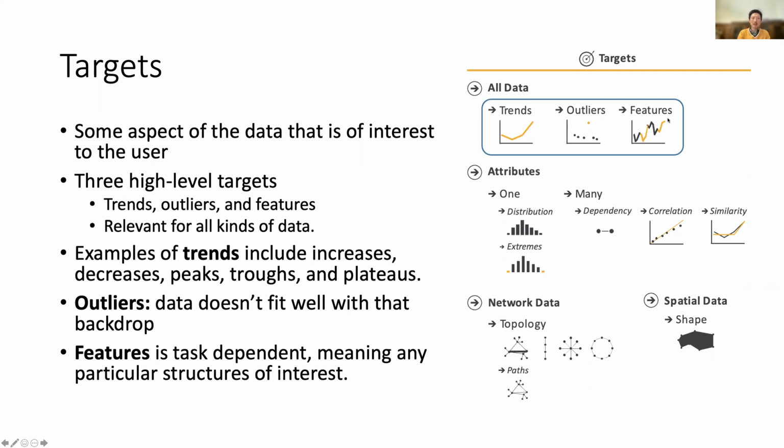It is not actually a common English word. Trends and outliers are used very close to how they are used in daily English. But features here is a bit different. Feature as an English word is very general and abstract, can mean many different things, but here it's very specific, meaning some data patterns which involve all the data.